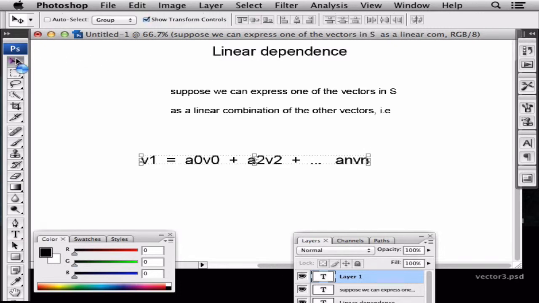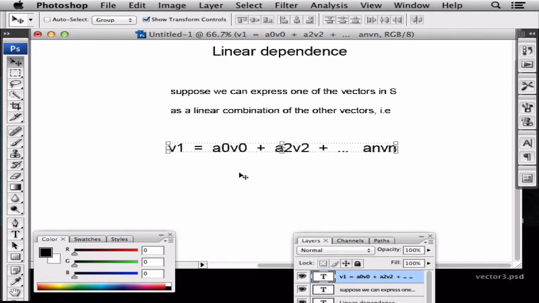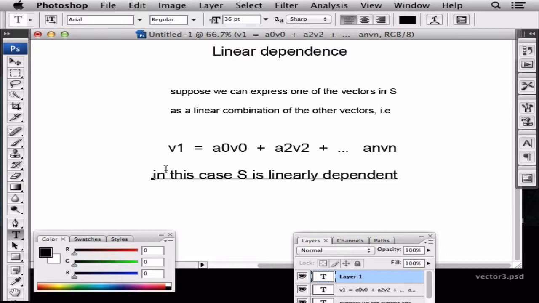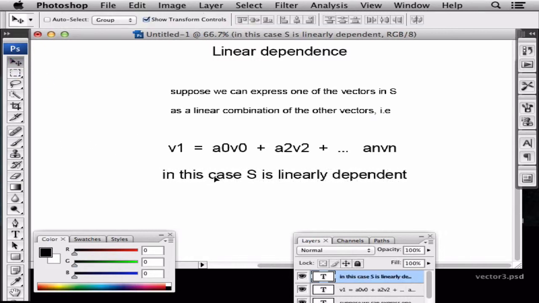The point is that if we could choose some scalar values for these a's so that this would be true, if that is possible for any set of values, then we say that this set S is linearly dependent. That's what it means.